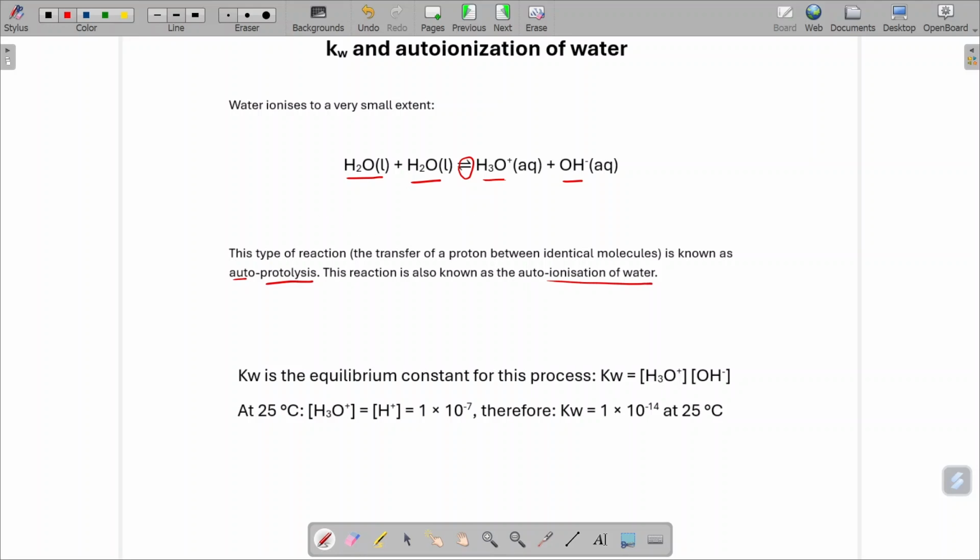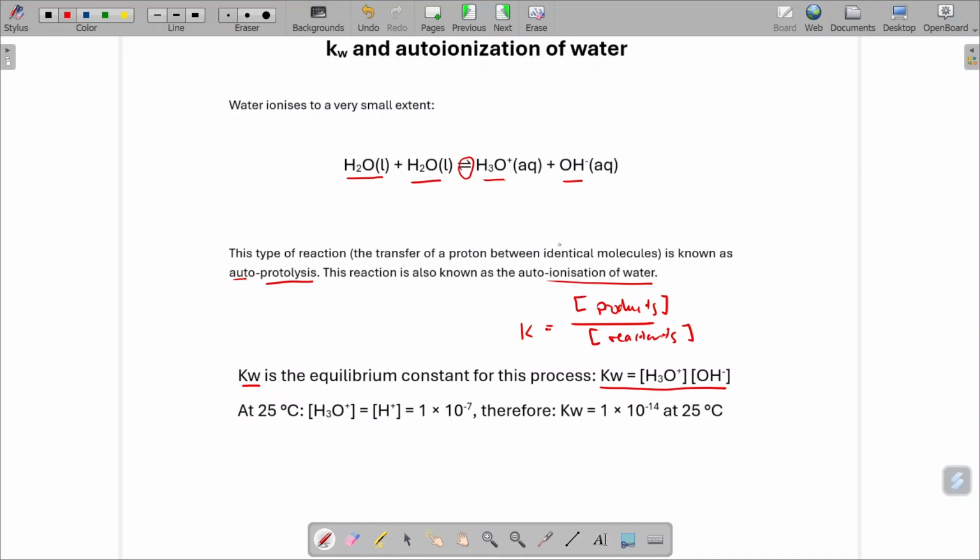Because this is a chemical reaction, it also has an equilibrium constant called Kw, and Kw is written as follows. Remember, how do we write the equilibrium constant for a chemical reaction? We say that the constant is equal to the concentration of the products divided by the concentration of the reactants.